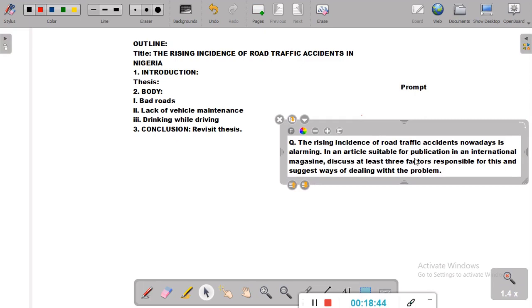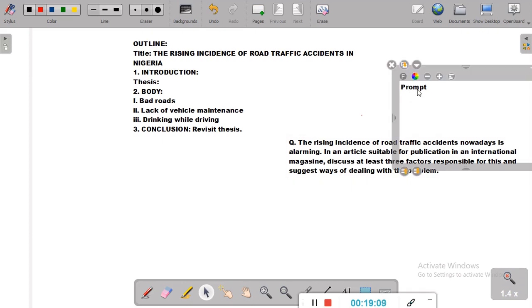In an article suitable for publication in an international magazine, discuss at least three factors responsible for this and suggest ways of dealing with the problem. The Z has a problem on my computer, so let me replace it with S. So that is exactly the question.